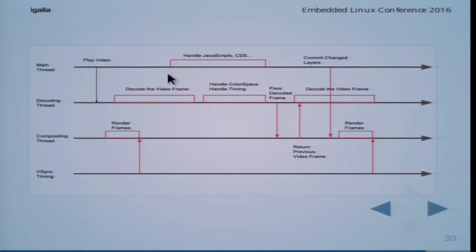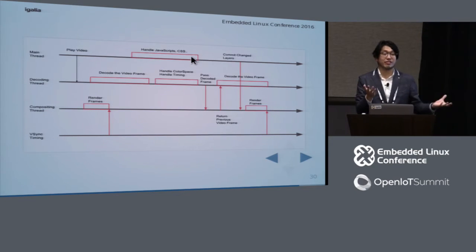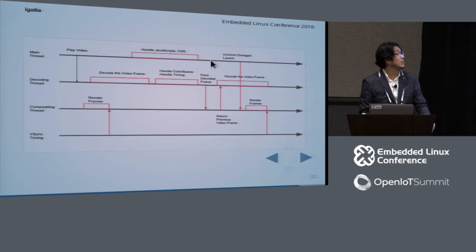Meanwhile, the main thread will handle JavaScript operations, such as WebGL, or a more usual scenario, AJAX operations, and then receive tweets or subtitles and whatever, and try to render subtitles or Twitter responses. It can create more layers during that time, so it will create those layers and commit those changes to the compositing thread.